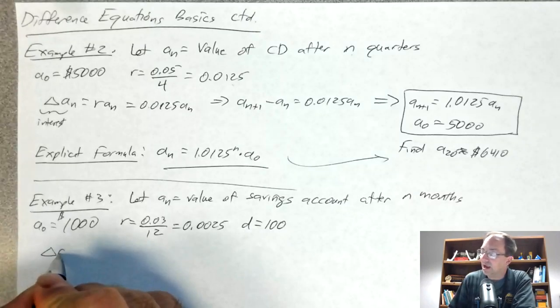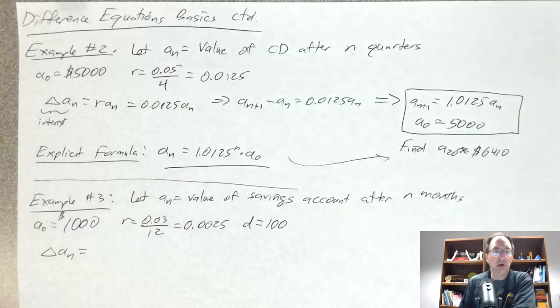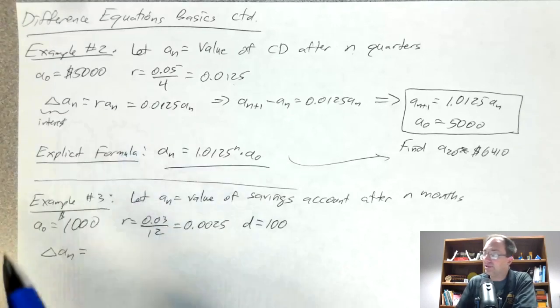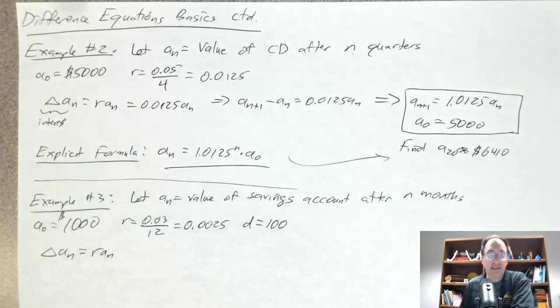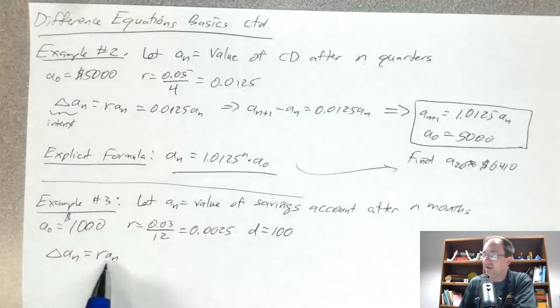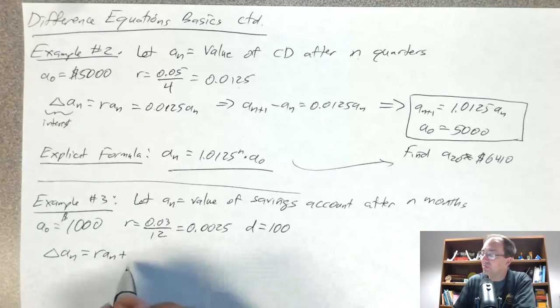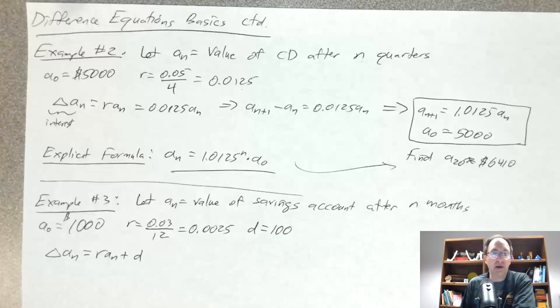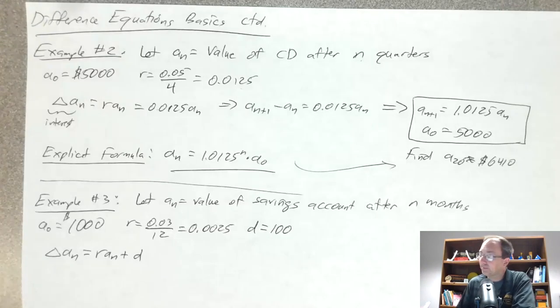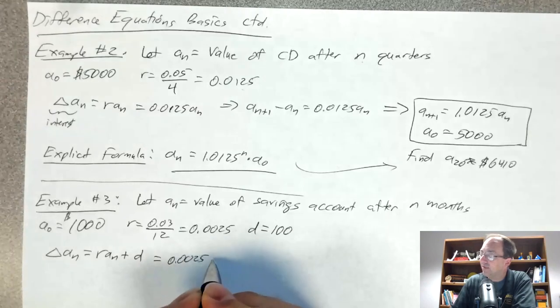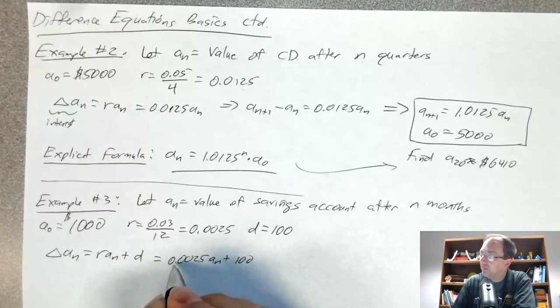Now the question is, how do we model our delta A sub n, our change, in this scenario? Well, compound interest hasn't changed. The relationship R times A sub n is the same as before. The A may change, the R may change, but the relationship is the same. What's different is we're adding a constant amount each month. So in our case, it's 0.0025 A sub n plus 100.